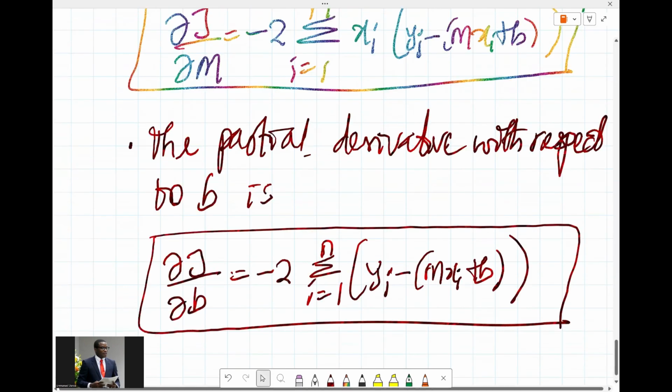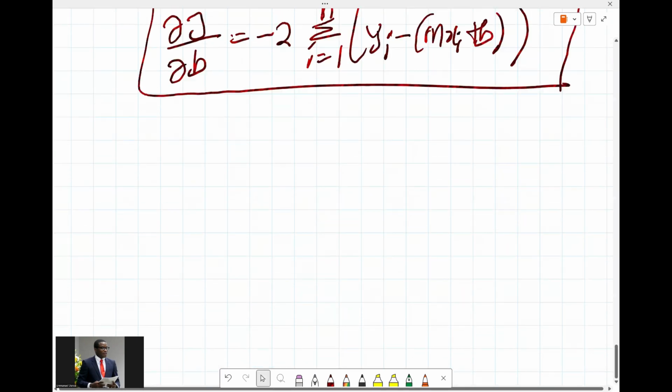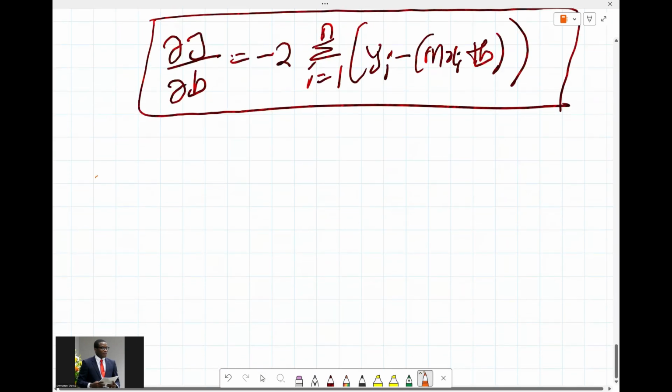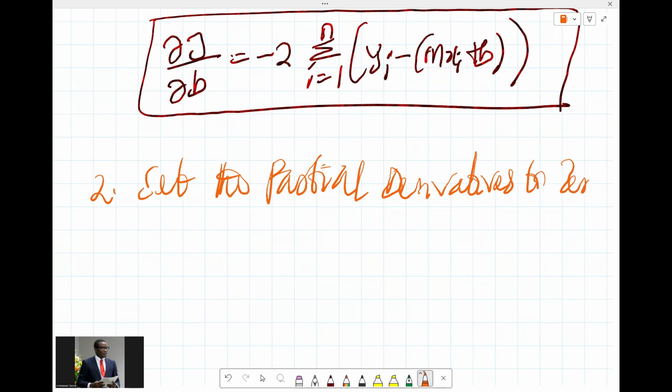So that is the first step in this place. Then we go for step 2. Step number 2 is to set the partial derivatives to 0.